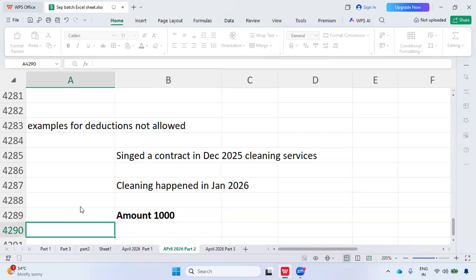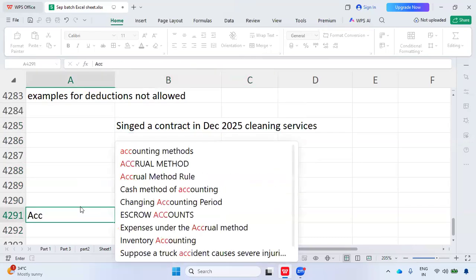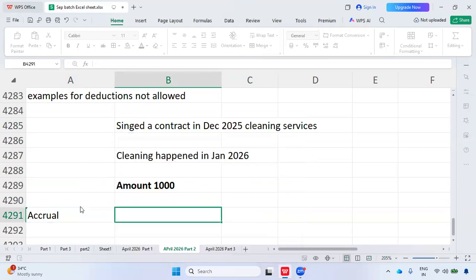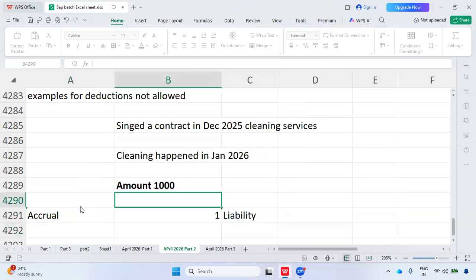And there is a small exception to this rule. For accrual cases, the first condition is liability. Are we able to at least estimate the liability?